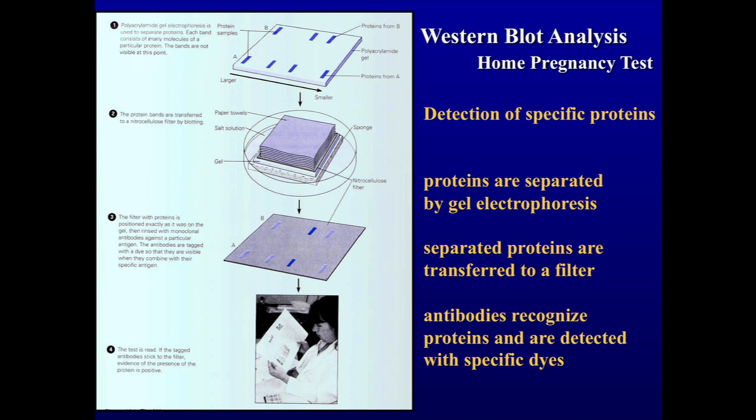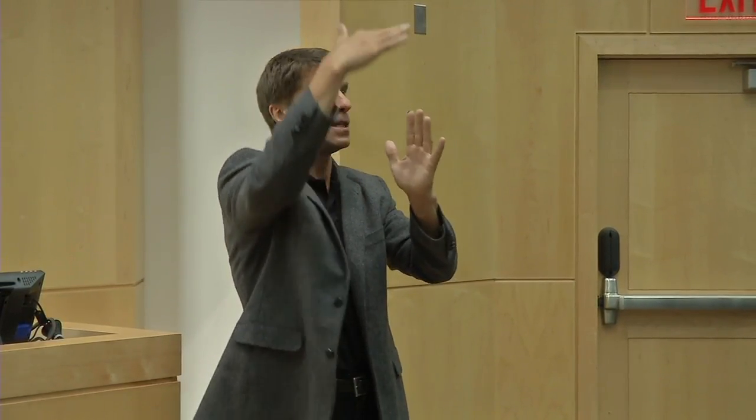So we can run a whole protein smear out onto a gel in gel electrophoresis, blot those proteins to a filter of nitrocellulose, which will bind all of the proteins, and let's say your insulin is in that smear. We can find just that insulin with the mouse anti-insulin antibody.